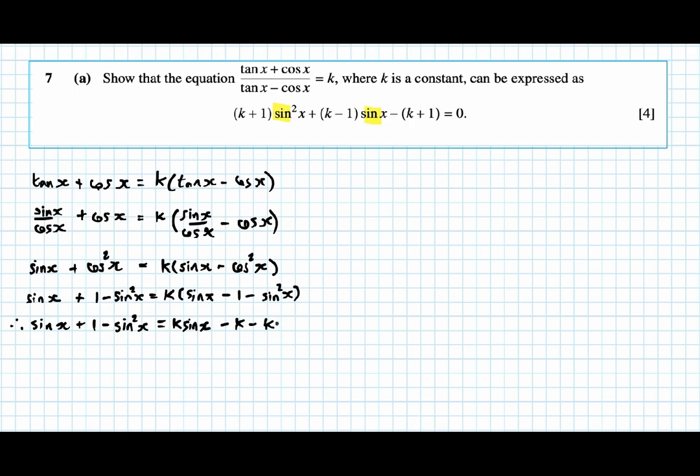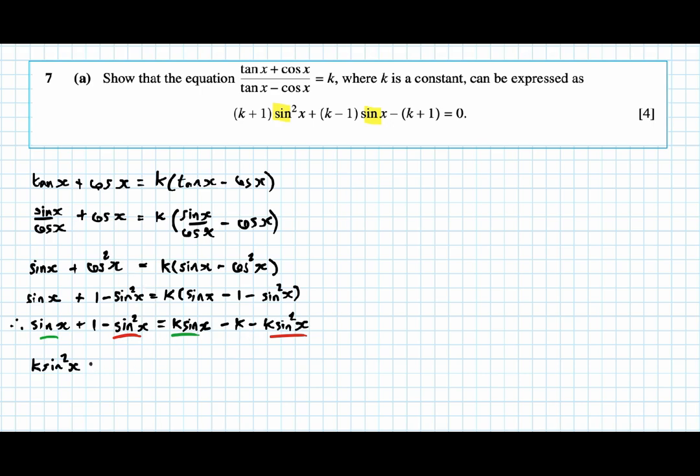Not too much more manipulation, to be honest. Bringing everything onto one side is important. As you can see from the yellow parts, we want to put our sine squared x together and our sine x together, and anything else will go at the end with the k plus 1.